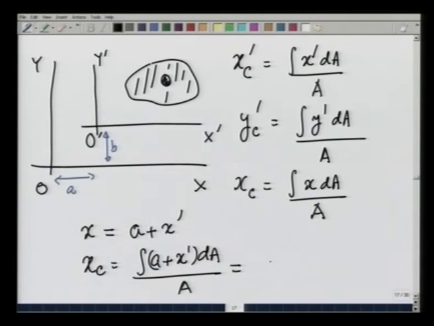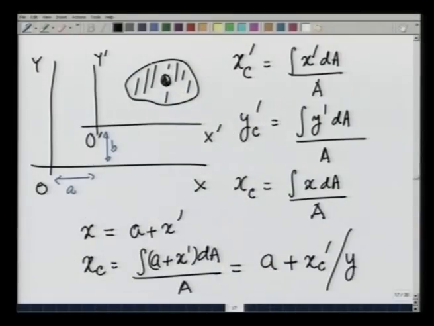So, this will come out to be a plus x prime dA over the area, which is nothing but a plus x c prime. So, you see if I calculate the centroid with respect to a shifted coordinate system, the centroid shifts by appropriate amount, so that it remains at the same point in the body, and similarly you can show that y c will be equal to b plus y c prime, which I leave as an exercise for you.